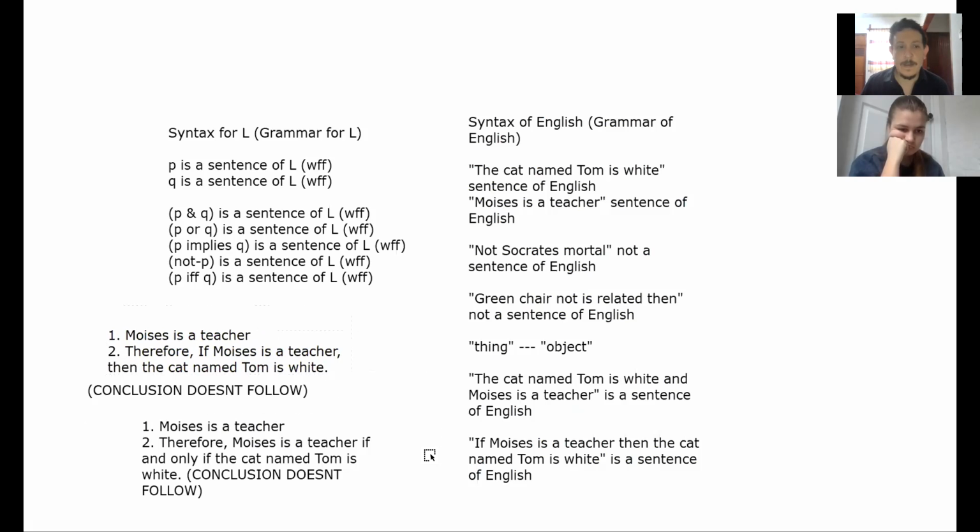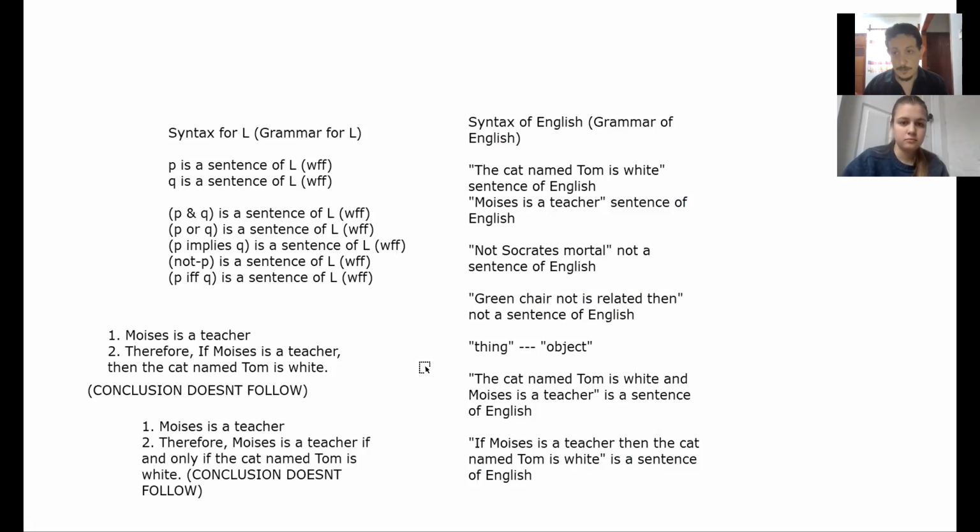The point of all this is just to be super clear about the following. If you have two sentences, P and Q, and you can put them together in a way that, if they were sentences of some language, the result is still a sentence of the language, that's very different from the claim that, if you have these two sentences, then that other sentence is going to follow logically.